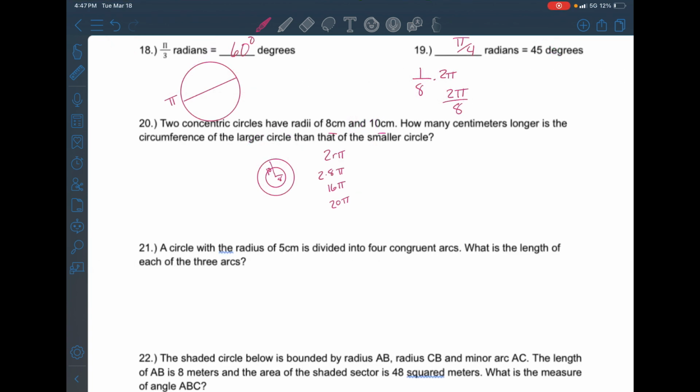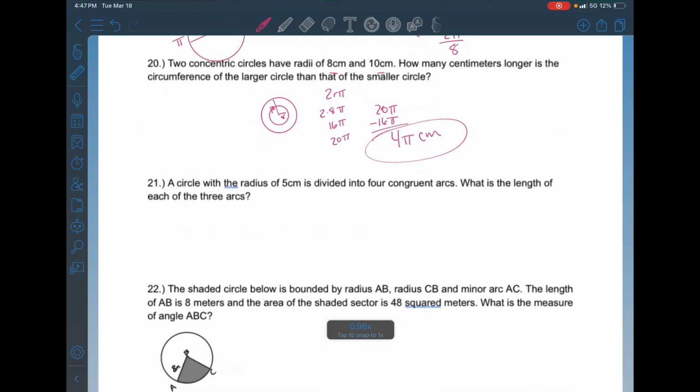And if we subtracted the two, 20 pi minus 16 pi, the pi's don't go away, but it is 4 pi centimeters longer. The larger circle is 4 pi centimeters larger.